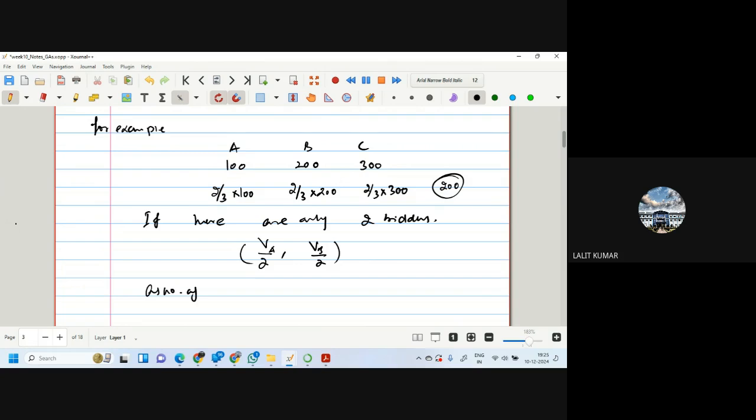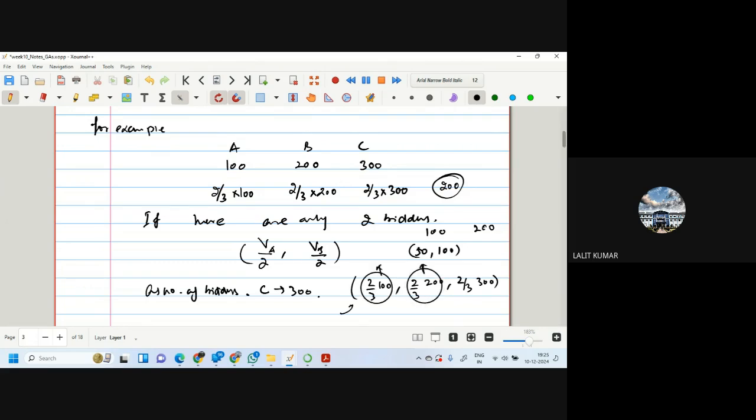For example, with 100 and 200, they would bid 50 and 100. But as the number of bidders increases, for example when C comes in with 300, you will be bidding 2/3 of 100, 2/3 of 200, and 2/3 of 300. You can see that as the number of bidders increases, your bid increases.